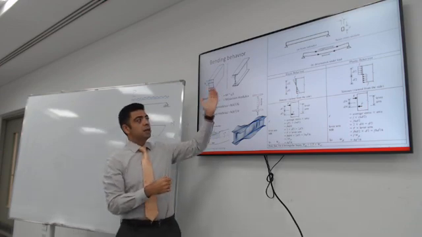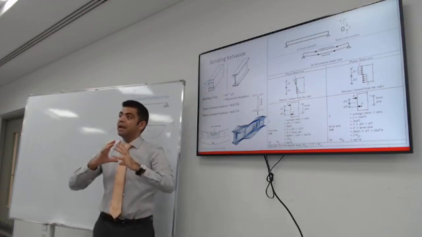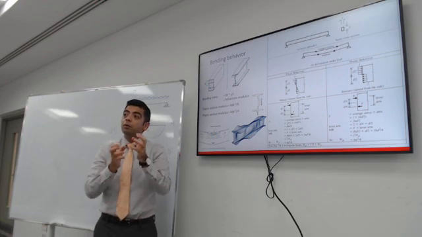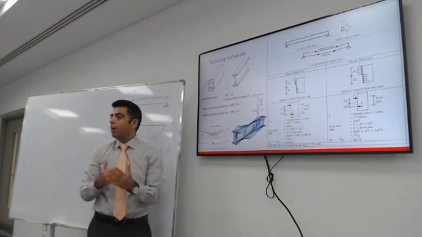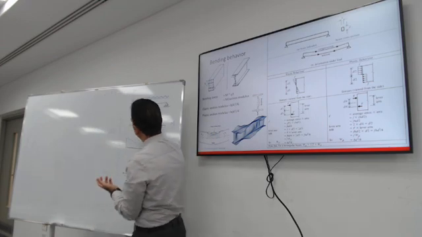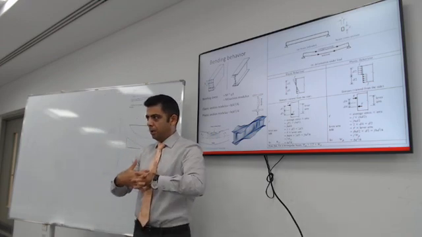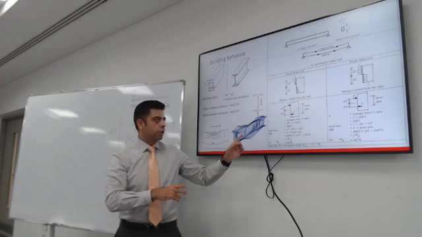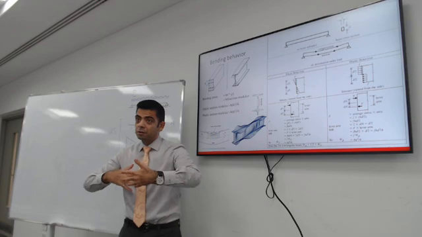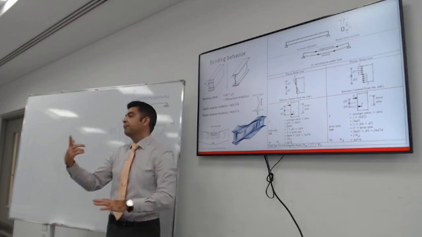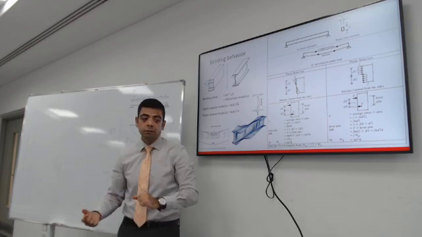If this section is class 1, it's strong, it can develop yield without losing its shape. So how do we know? Is this beam going to be capable of taking the load without looking like this? Or is it going to start warping when it's overloaded? That's the first check that we will do in the tutorial.